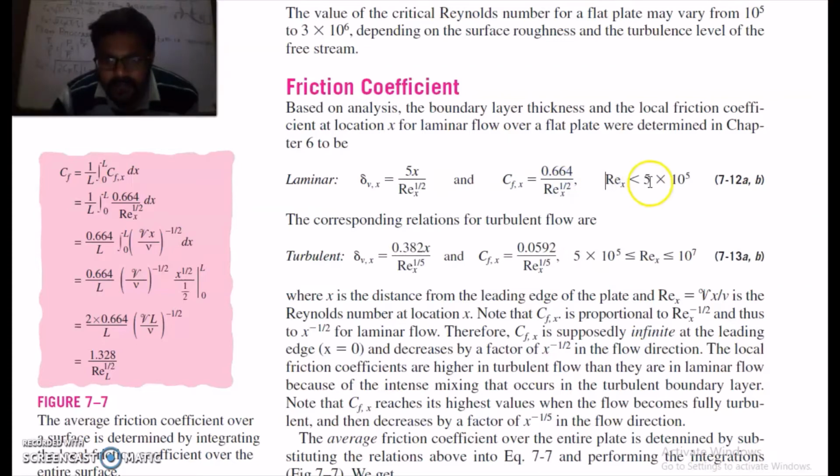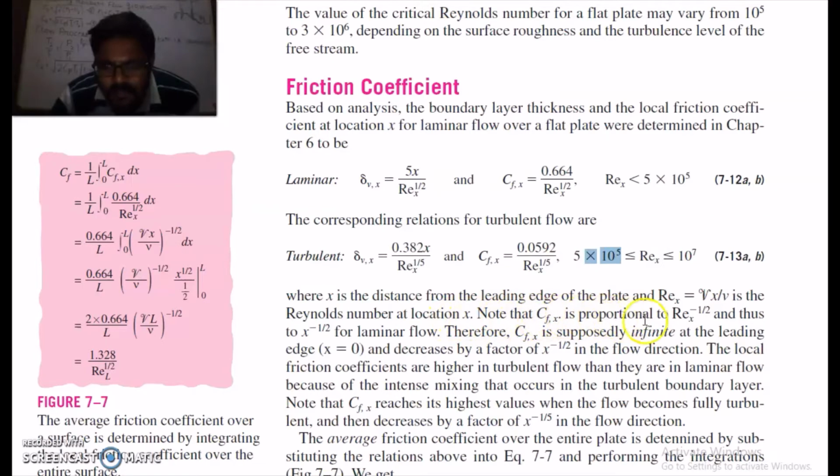For turbulent flow this is the relation for boundary layer thickness, and this is the friction coefficient, valid for turbulent flow when the Reynolds number lies between 10 to the power 7 and 5 times 10 to the power 5, where x is the distance from the leading edge of the plate and Re is the Reynolds number at location x.